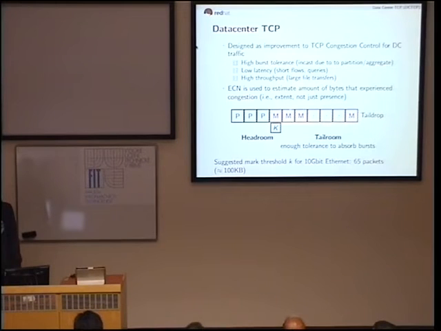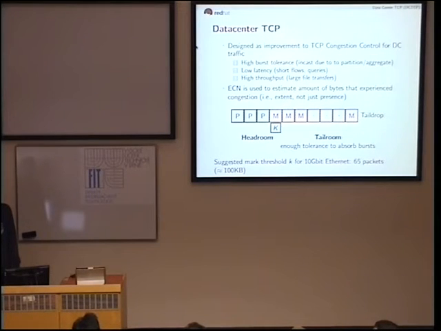So the idea is that every switch or router in the data center will be configured to start marking packets once you go over a very, very low threshold of buffer size. Usually it's about 100 kilobytes only. So as long as the queues are really shallow, nothing special happens.